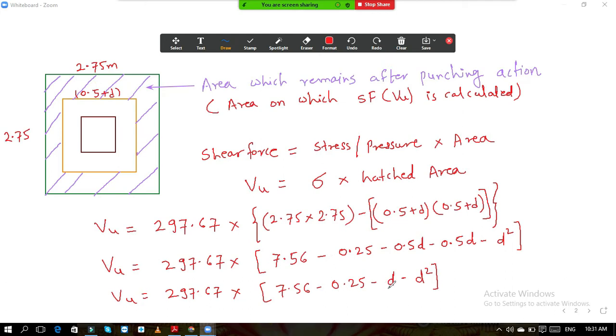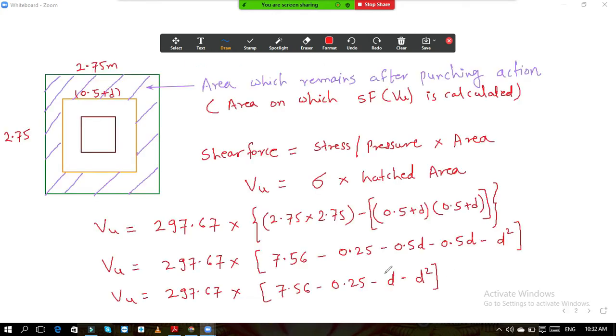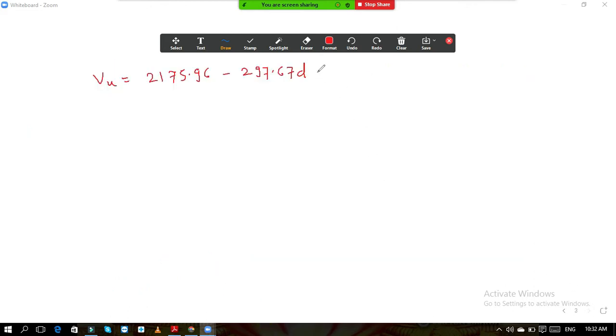Here it is minus d, so minus 297.67d. Then what is our third term? Again minus d square into 297.67, so minus 297.67 d square. This is our equation number 1.